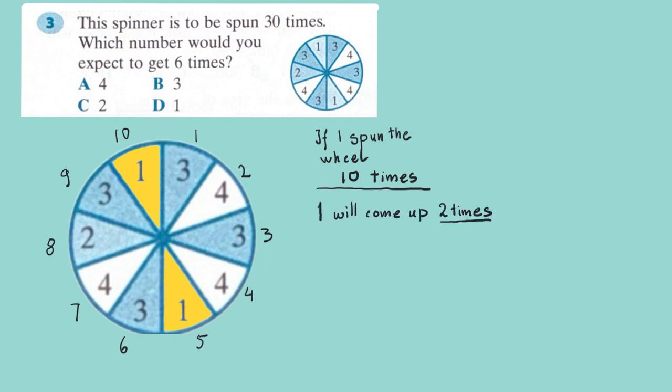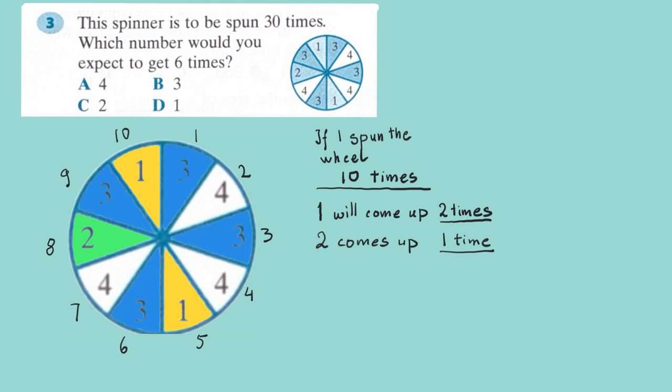If I spin it 10 times, I would expect the number 2 to come up only once. And number 3 will come up 4 times. And number 4 will just come up 3 times.